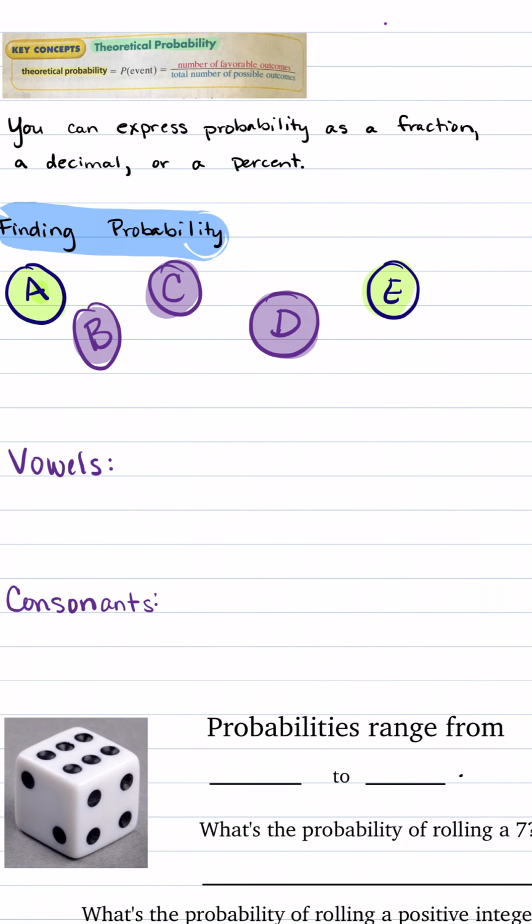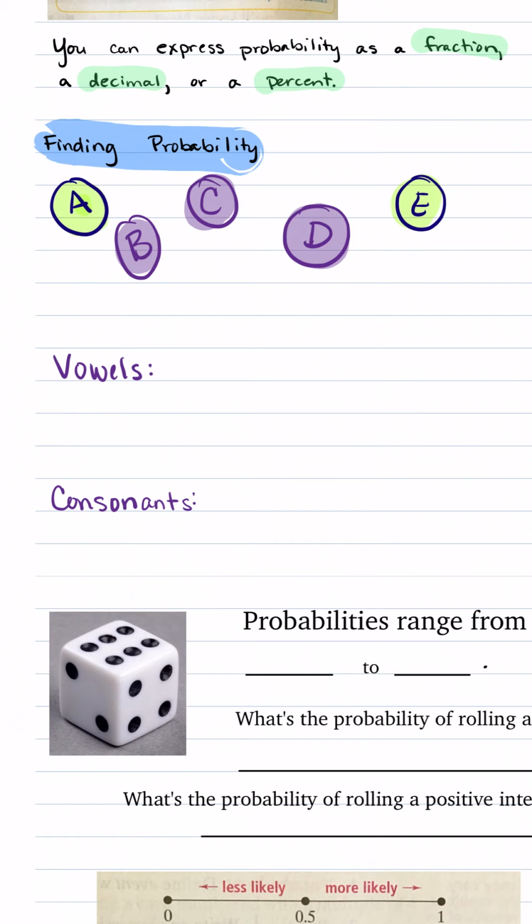So you can express probability as a fraction, decimal, or percent, right? And we're familiar with all three of those and how they're connected. So we are looking at these little, let's think of them as chips that are in a bowl, and they're labeled, so like game chips, A, B, C, D, E. So it wants us to find the probability of vowels.